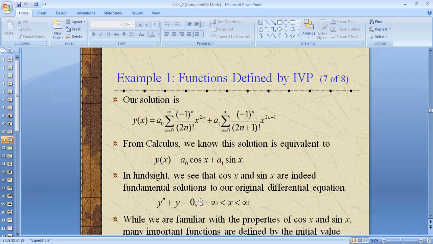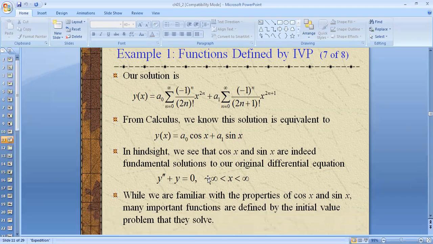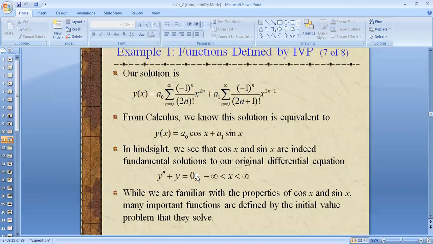In the previous class, we studied linear differential equations with constant coefficients. We get the solution a0 cos x plus a1 sin x. These are constants; you can take them as C1, C2 also. This gives only two constants, and it is valid for x between minus infinity and plus infinity.